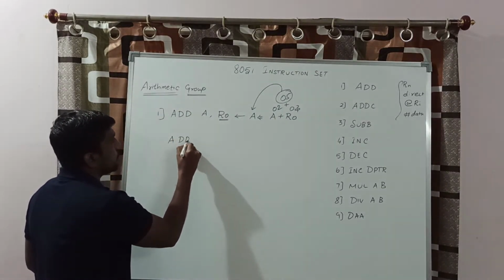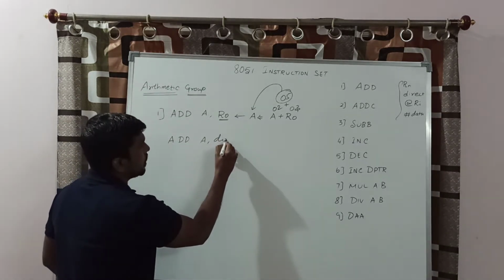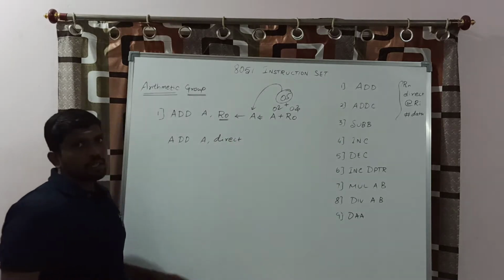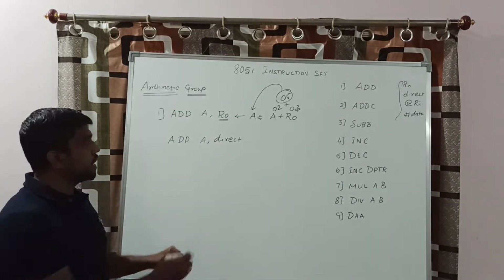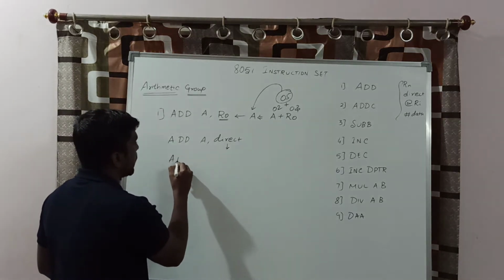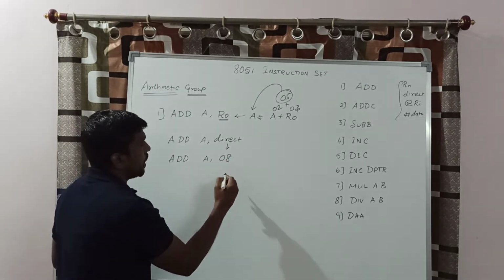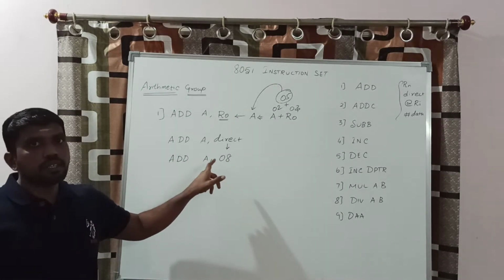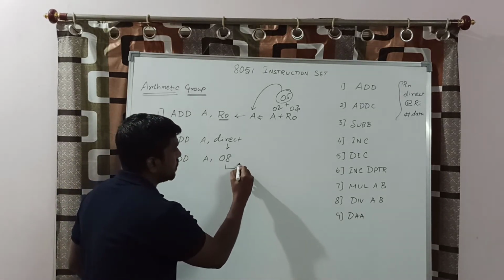The second type of addition instruction is ADD A, direct. This direct is a label which stores the direct address location. Rewrite the instruction as ADD A, 08. This 08 is a memory location, pointing to internal RAM.